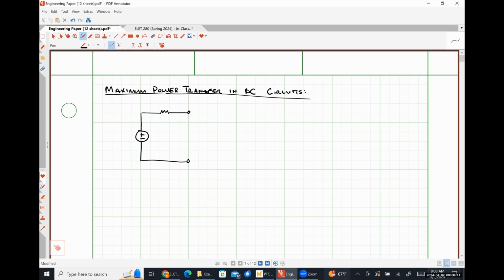So just as a thing, let's just do this here. I have some Thevenin voltage in series with some Thevenin resistance. This is what's called a Thevenin equivalent circuit.